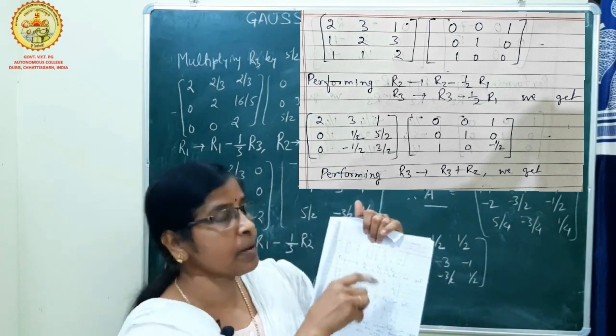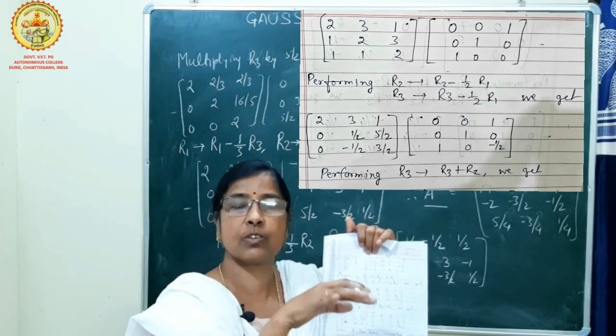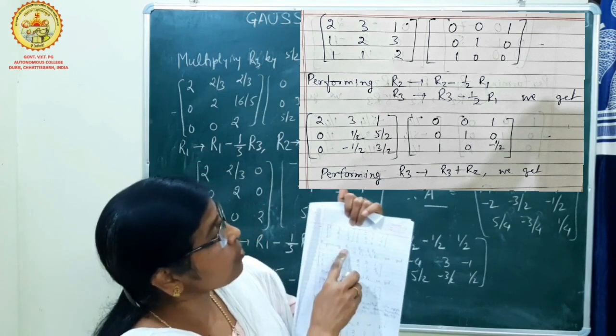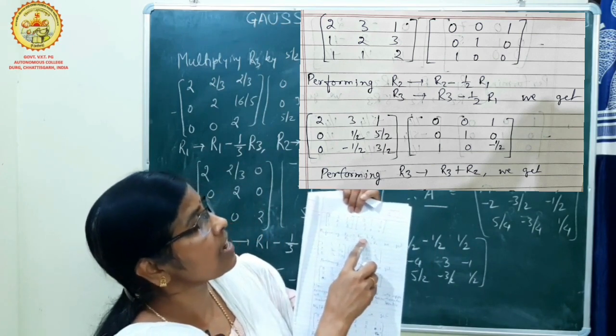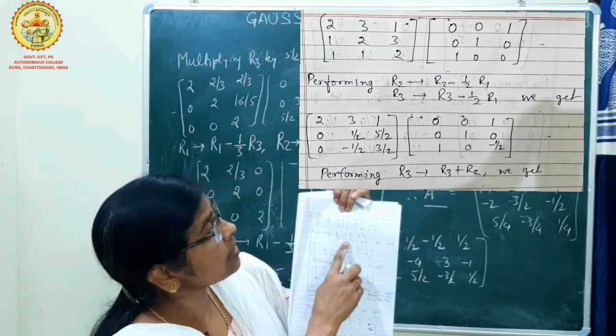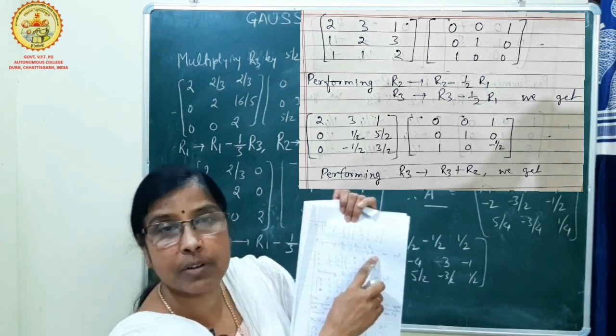Now our aim is to convert this matrix into an upper triangular matrix. For this we perform R2 as R2 minus 1 by 2 R1 and R3 as R3 minus 1 by 2 R1.